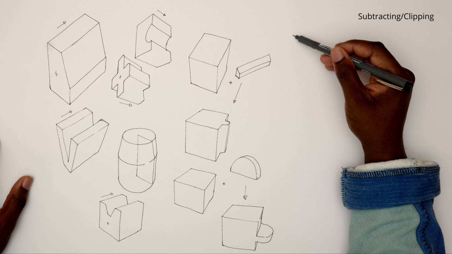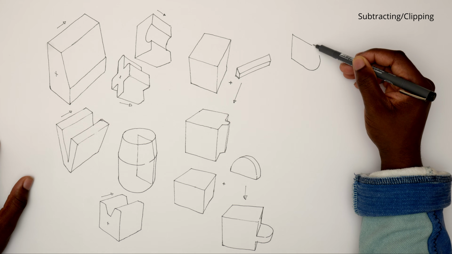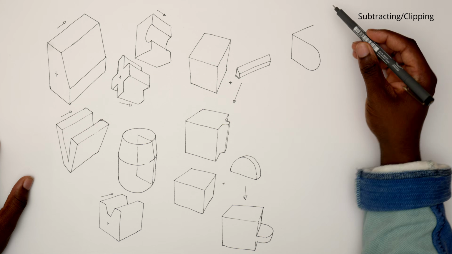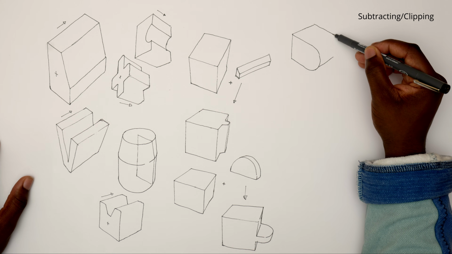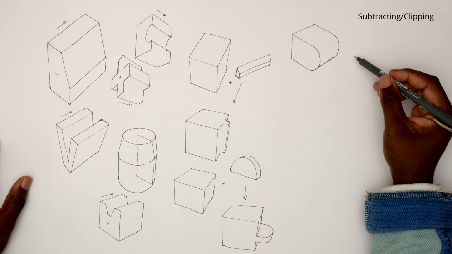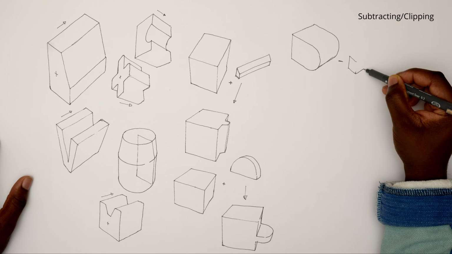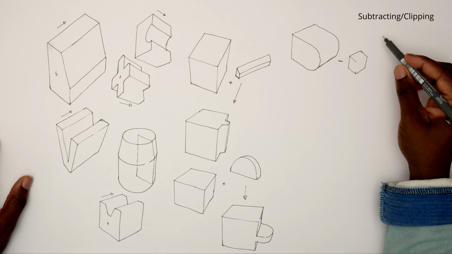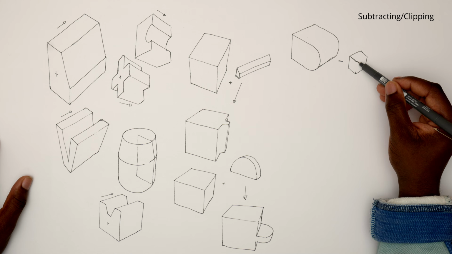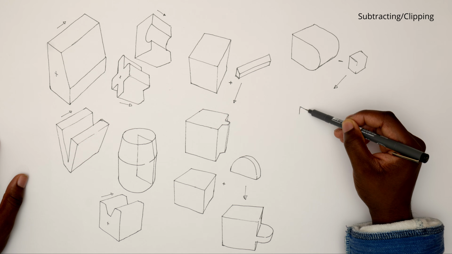Now, the final operation, obviously, is subtraction. This one can be a bit more tricky because you have to almost be able to see through the object. And that's why these exercises are really important, because they're going to teach you some of the most important things you need to know when you're drawing, right? Being able to draw through an object, being able to tilt an object.